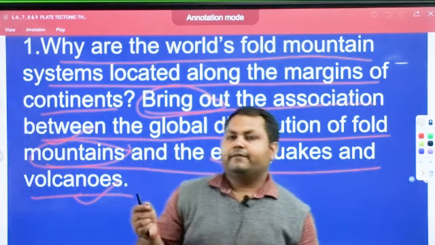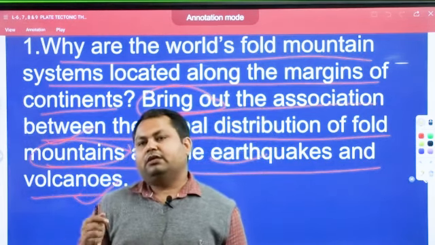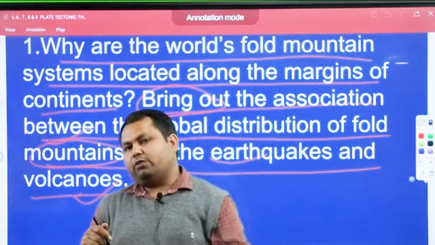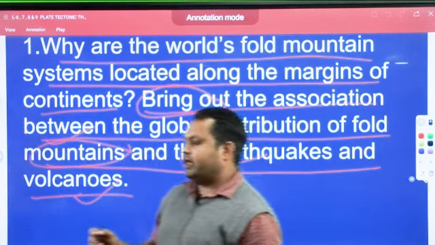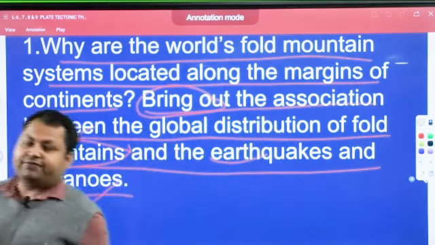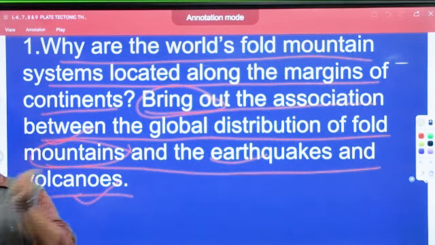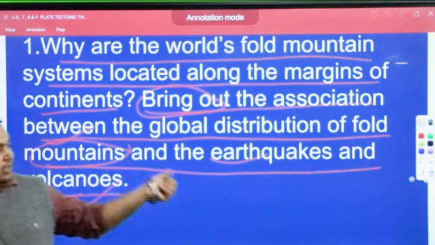Is there a correlation, a relation among fold mountain systems, earthquakes and volcanic eruption? Can we justify the relations among these three components?